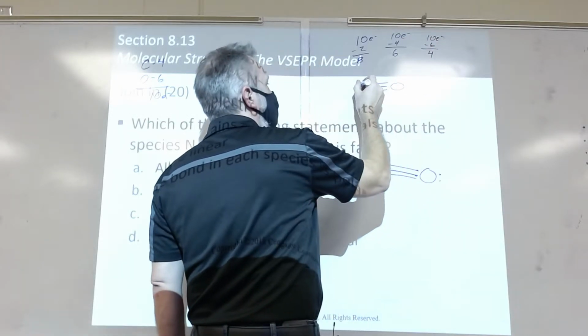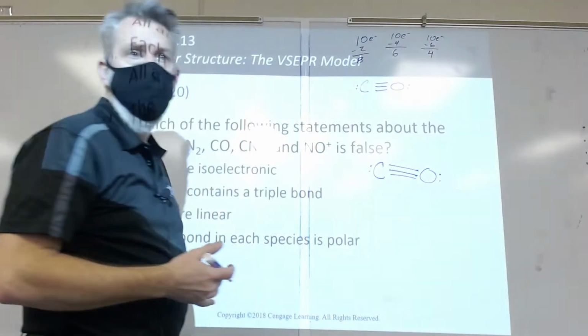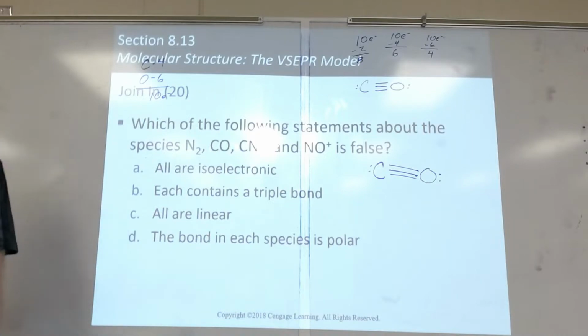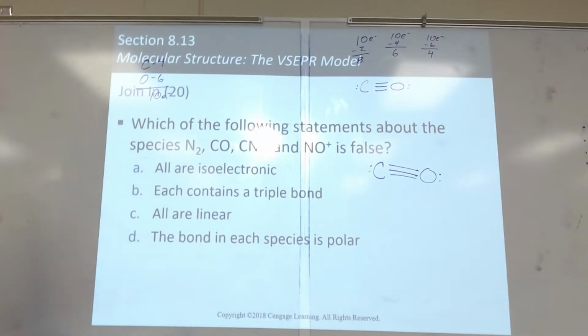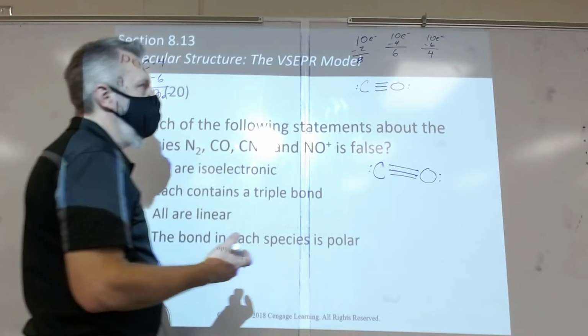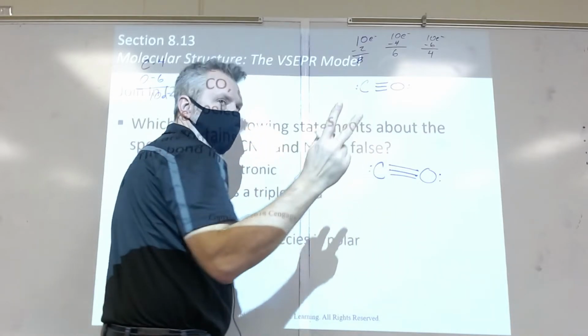And so I'm going to have 1, 2, 3, 4. Now is everybody happy? Yeah. Everybody's happy. Everybody has 8, and I've used the right number of electrons. So carbon monoxide has a triple bond. This is unusual for oxygen, but it still exists. And you can see, this is linear, right? Because I only have the 2 atoms.